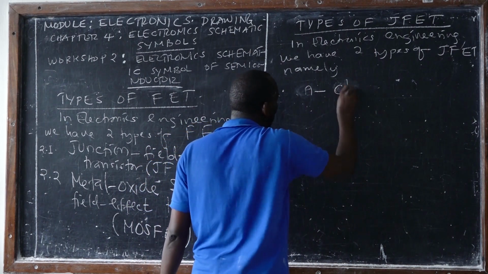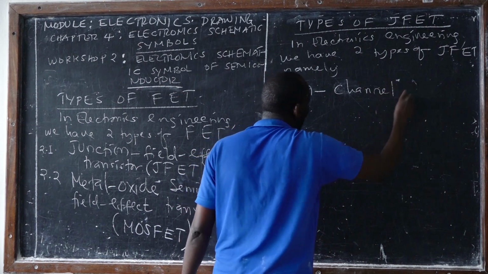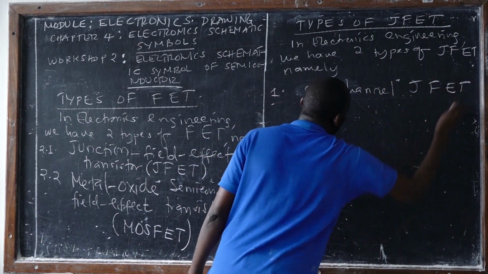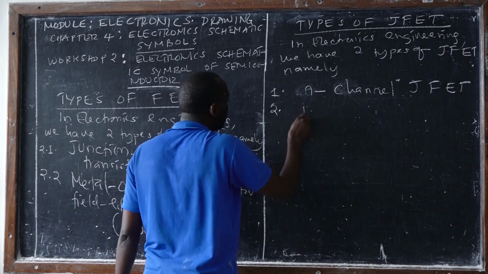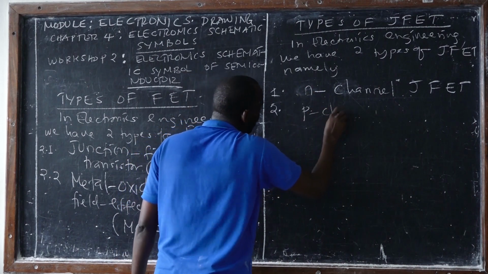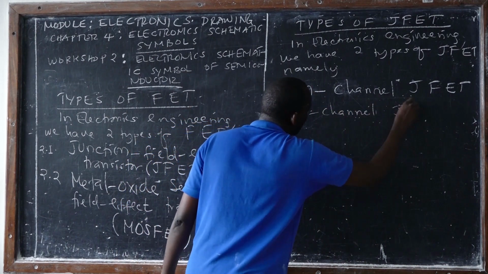The first one we call N channel junction field effect transistor. The second one we call P channel junction field effect transistor.